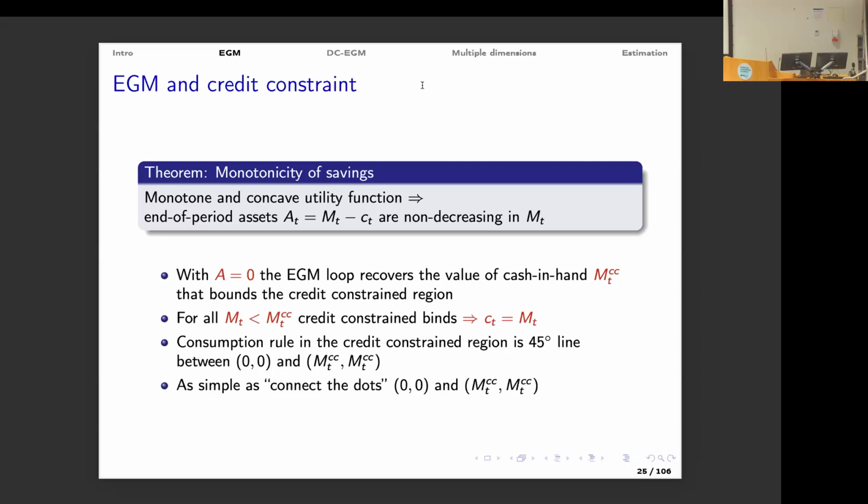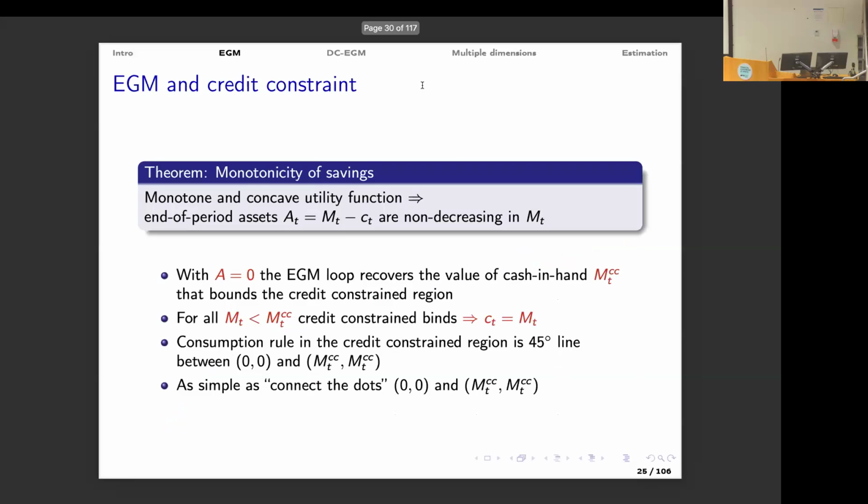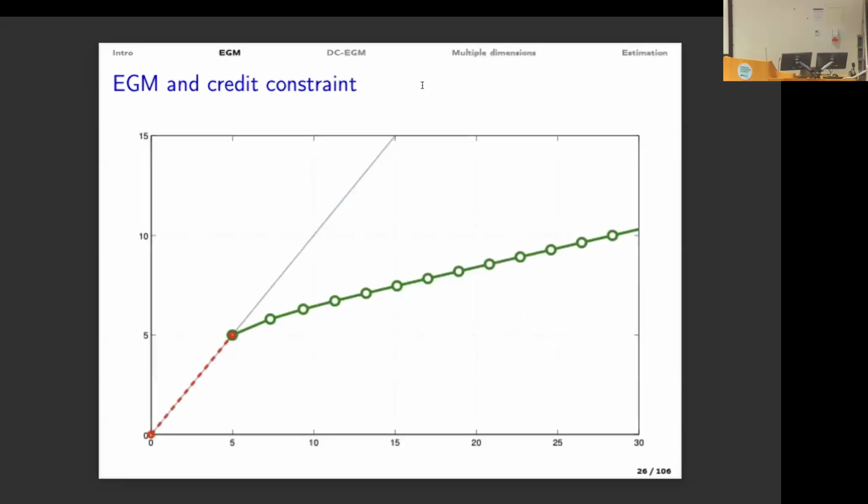The Euler equation holds due to the EGM machinery. But due to this result, it means that for all of the values of the asset less than this calculated level, the constraint must be binding because of the monotonicity of the end of period wealth. And what that means numerically is that we run the EGM loop for different values of A. If I start with A0, that would give me a point here, and then some other points.